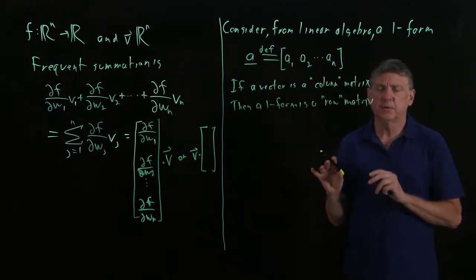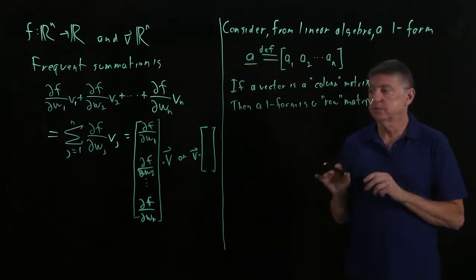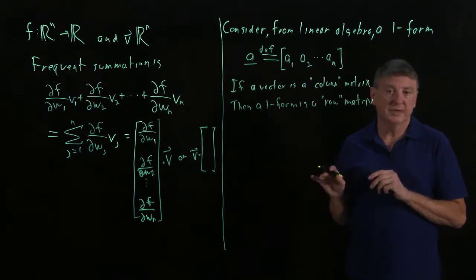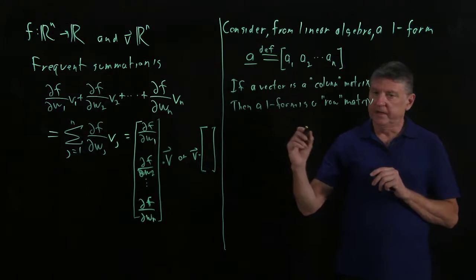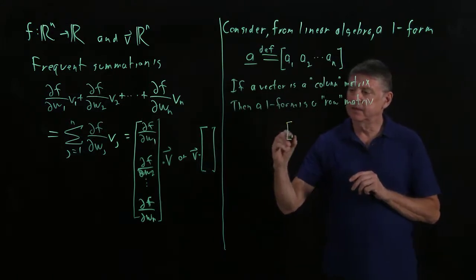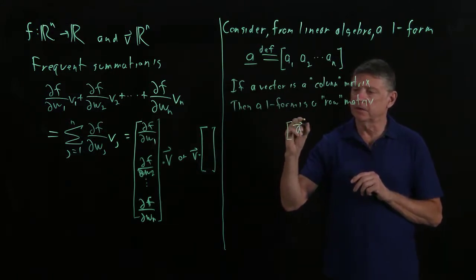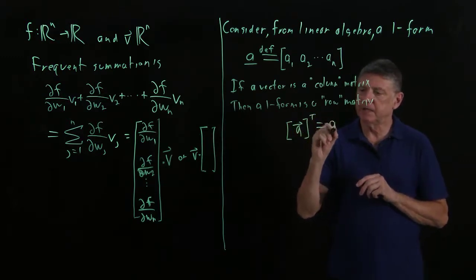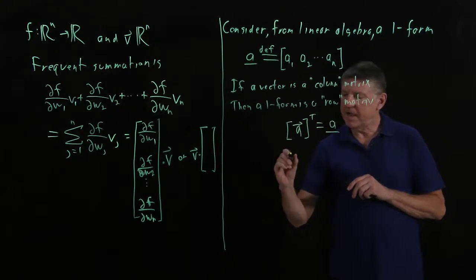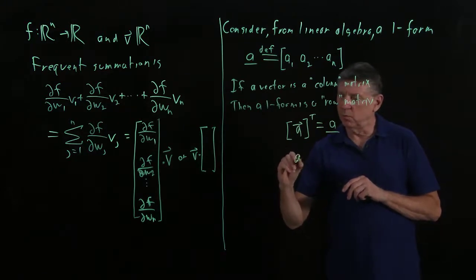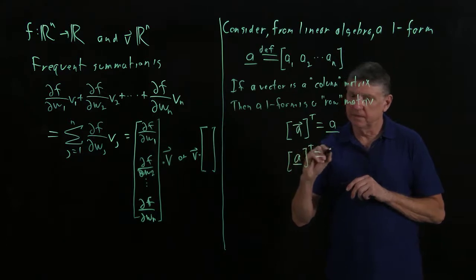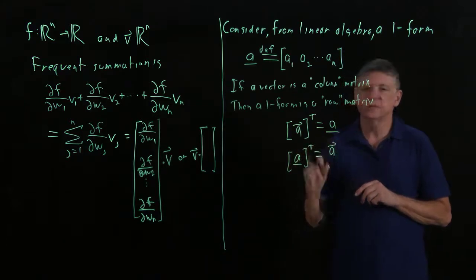again, now we're going to assume that the underlying vector space has a Euclidean geometry. What we'll do is we will say that if A is a vector and we take the transpose of that, that's the same as a one-form, and that if we take a one-form and we transpose that, we would get a vector representation.